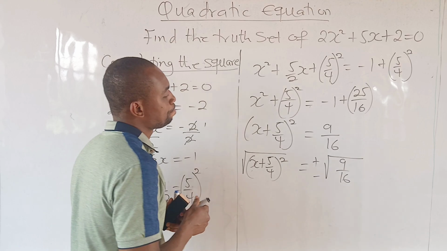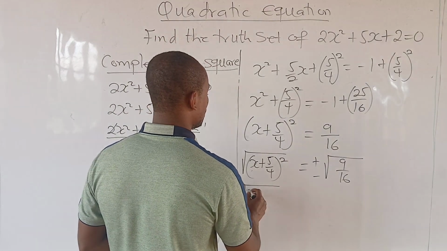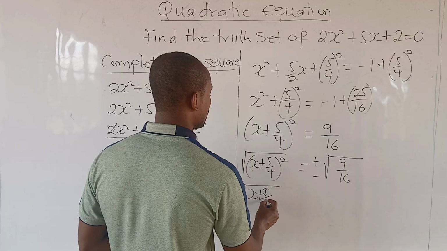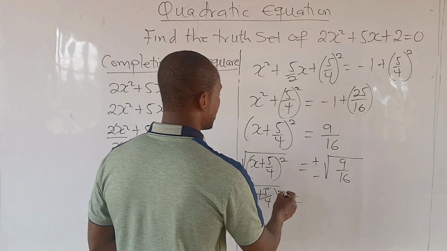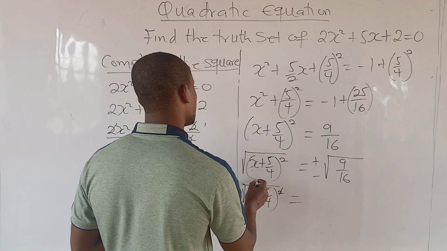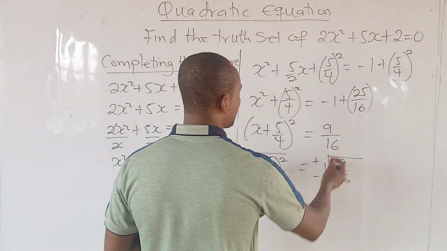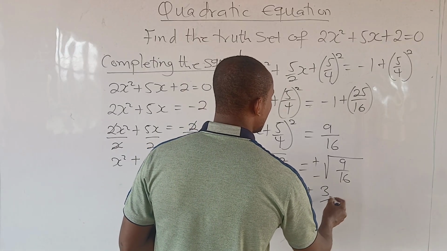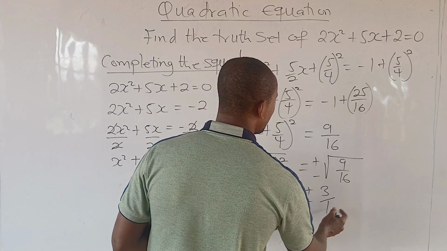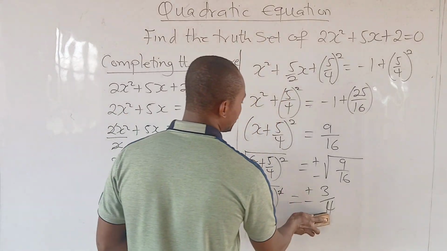So here, the square will cancel the square root, and square root of 9 will give us 3 and square root of 16 will give us 4. So we have this.